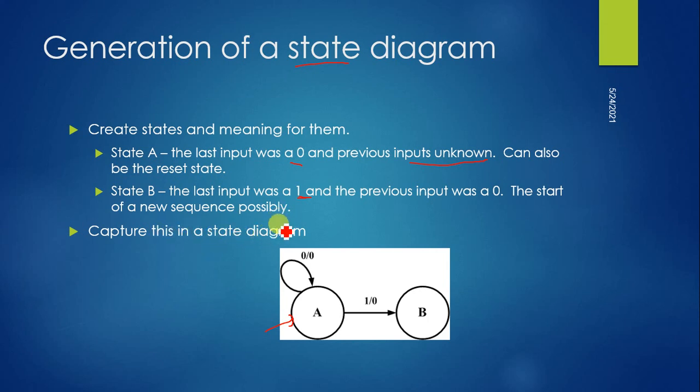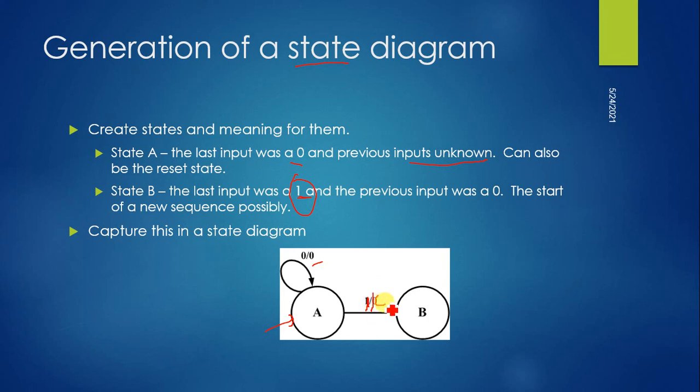Capture this in a state diagram. The previous input was not known, so consider this to be 0. For B, the last input was a 1, so 1 is the input and the previous input was a 0.